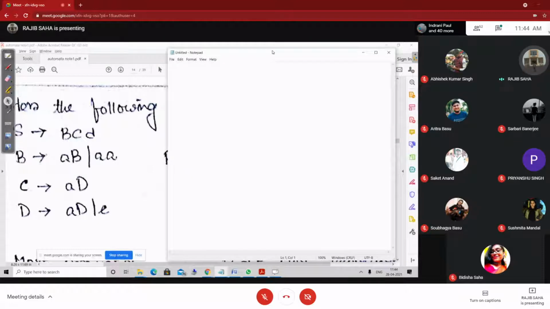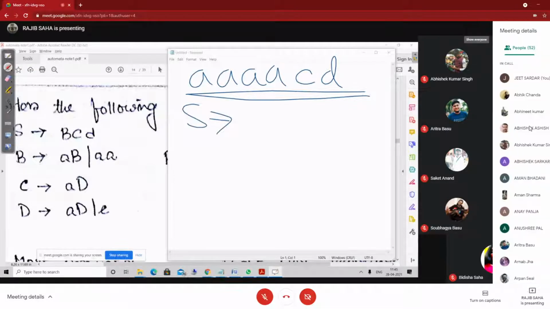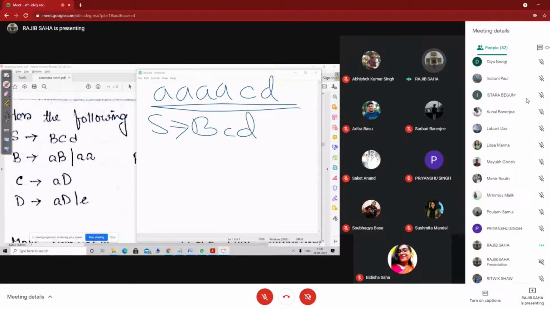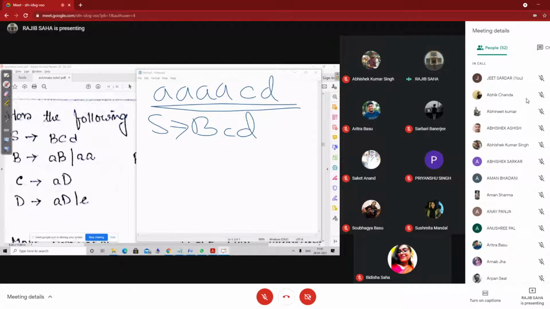So we need to form A, c, d. This sentence we need to form. So we start with S tends to B, C, small d. Then in the next step, that B can be replaced by AB.